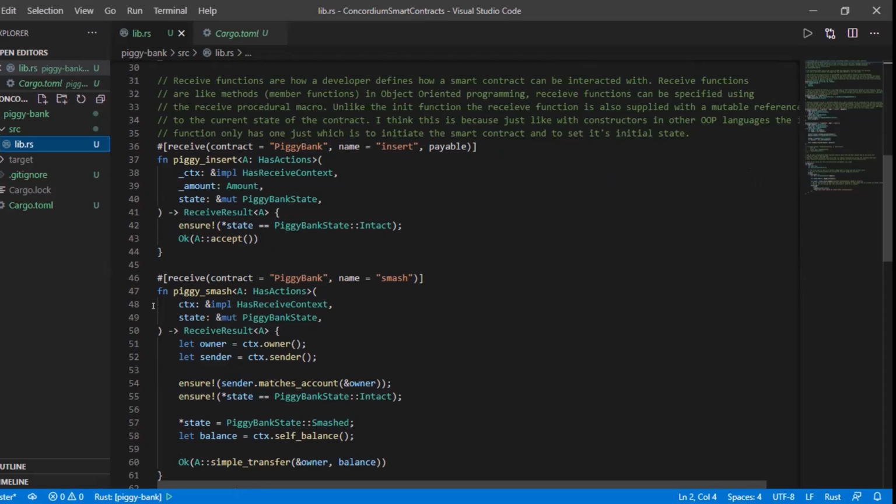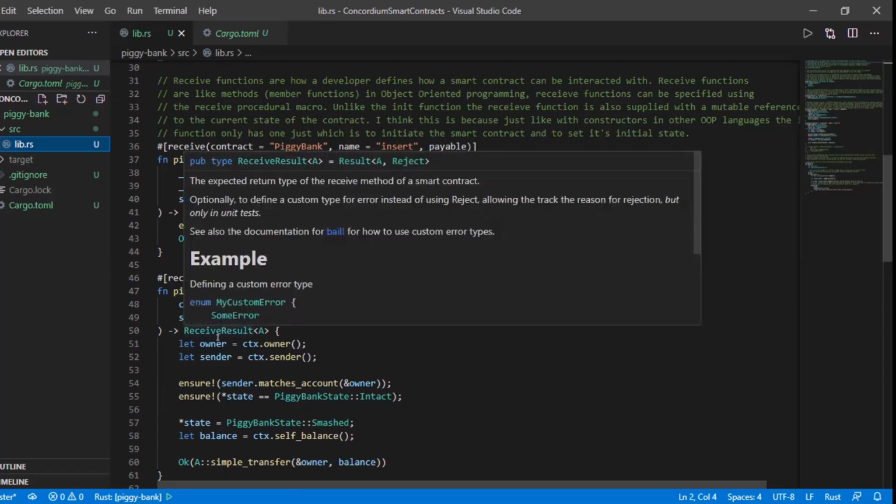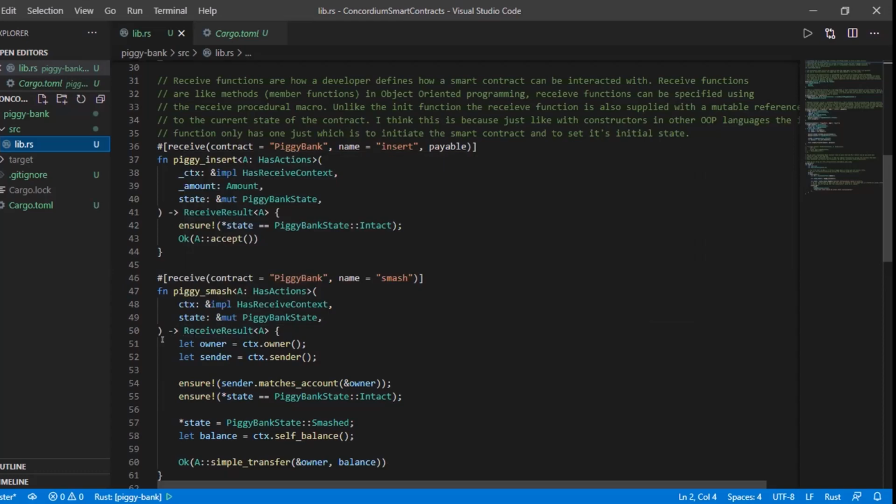Again, similar format: keyword function, the name of the function, a generic parameter, and then the parameter inputs for the function, and the return type.